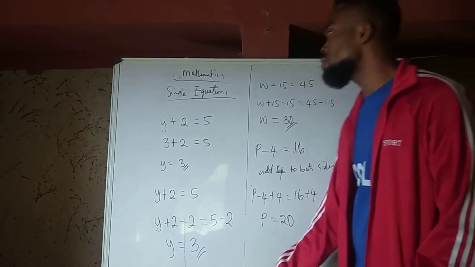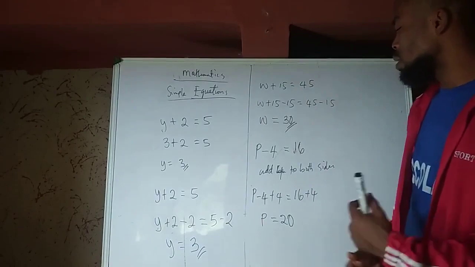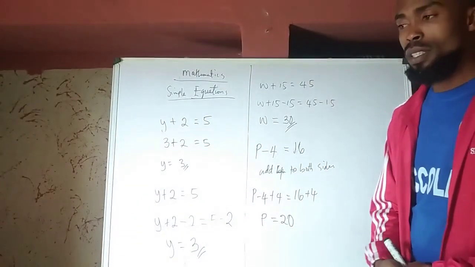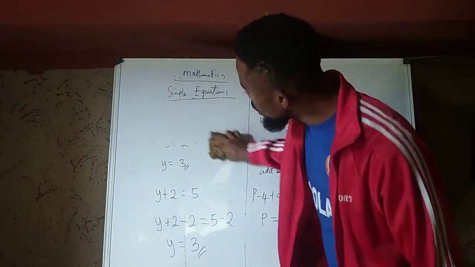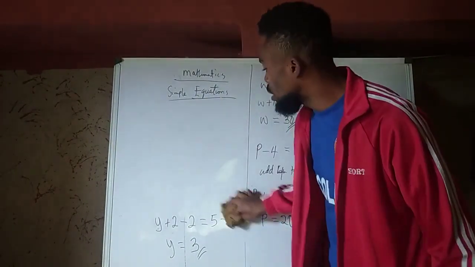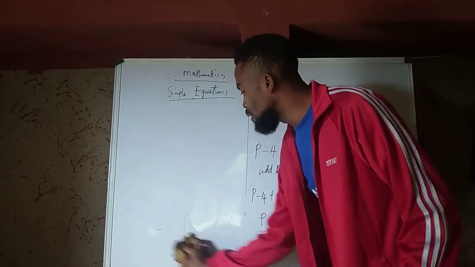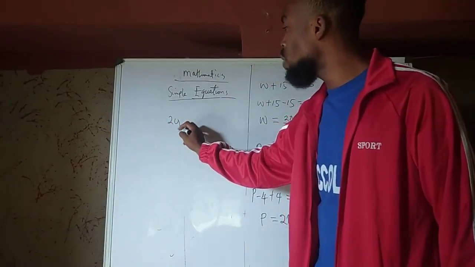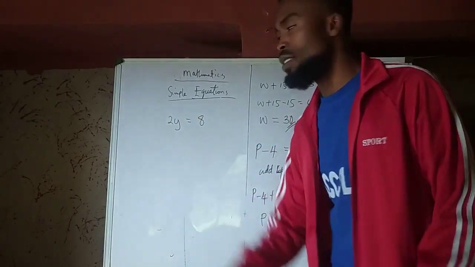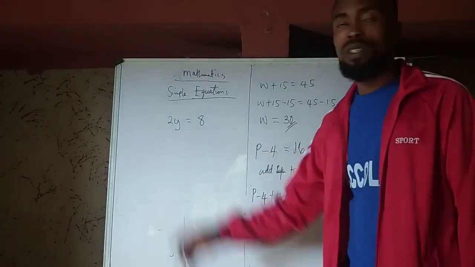Now we are going to look at a little more complex equations. Let's say you have this kind of equation: 2 times y equals 8. 2y equals 8.